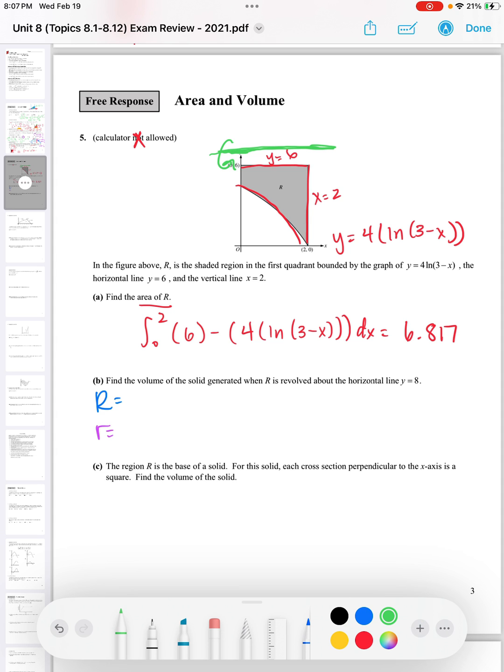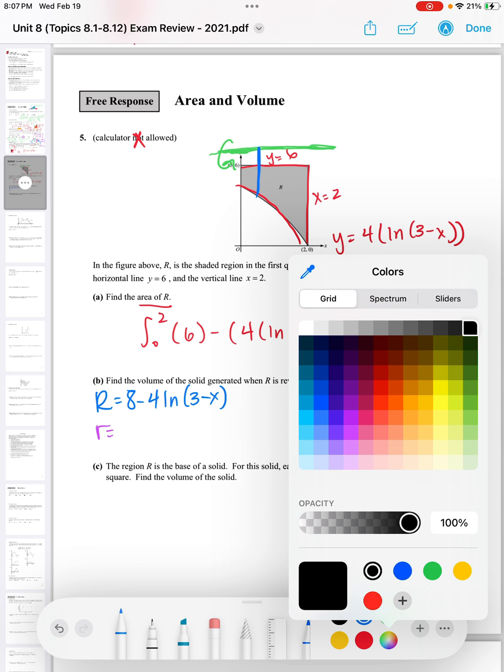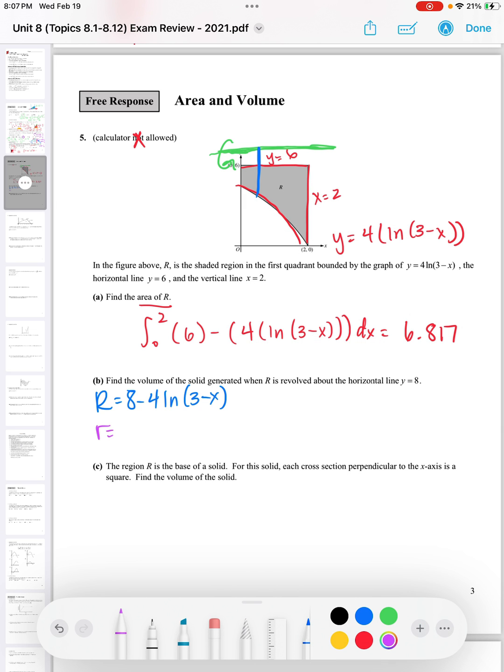Let's start off with the big radius. The big radius is going to go from 8 down to the curve. So my big radius is going to be 8 minus 4 natural log of 3 minus x. And my small radius is going to be from 8 to 6, and 8 to 6, we know, is going to be 2 spaces wide.